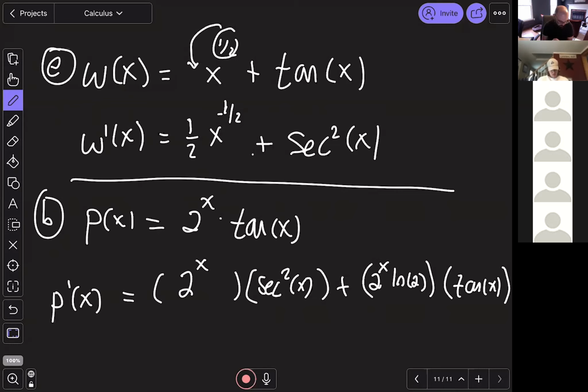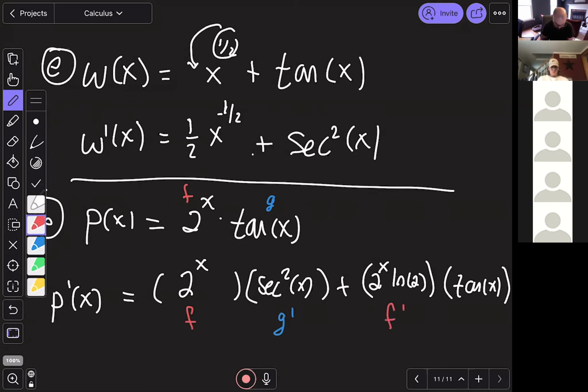I'm going to grab a different color here. If this was f and this was g, we have f, and then this is g prime, and this is f prime, and this is g. So we can see how that breaks down with the product rule.